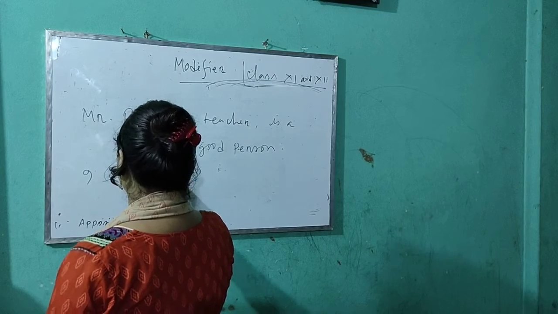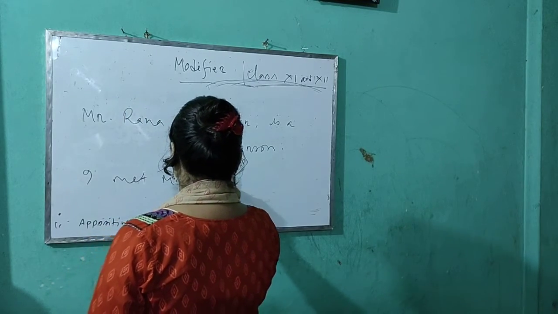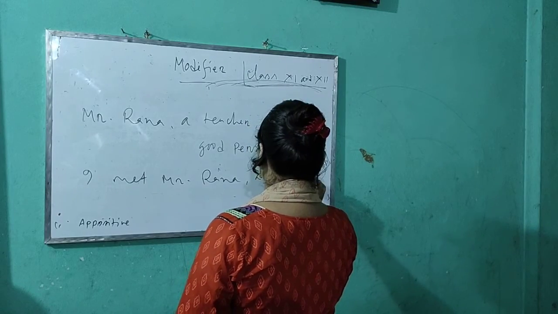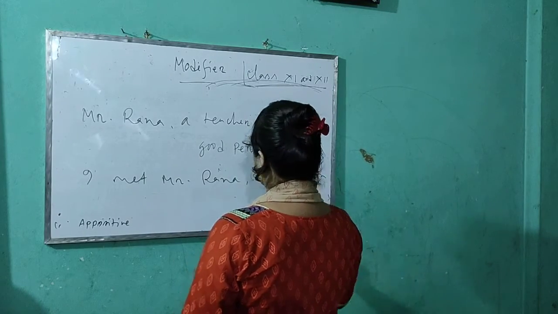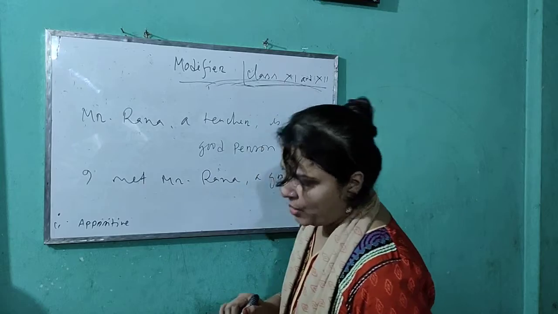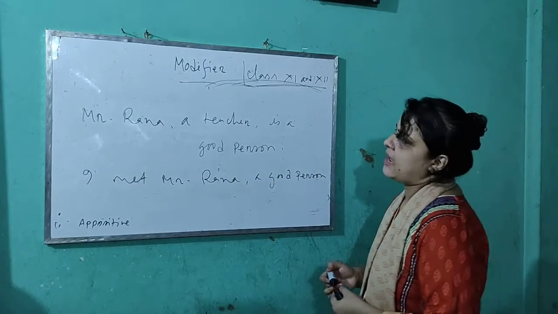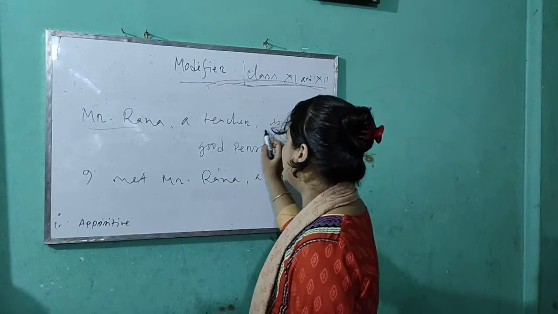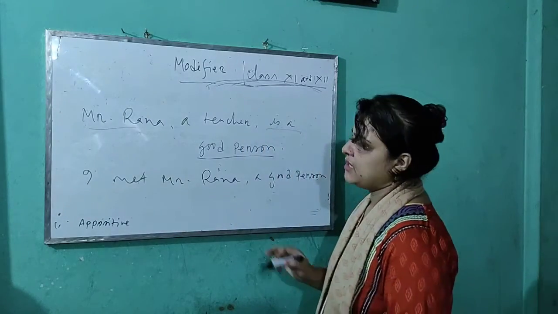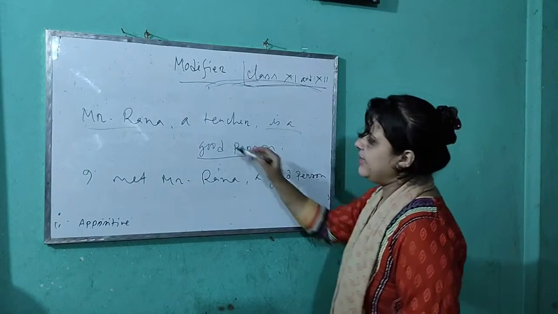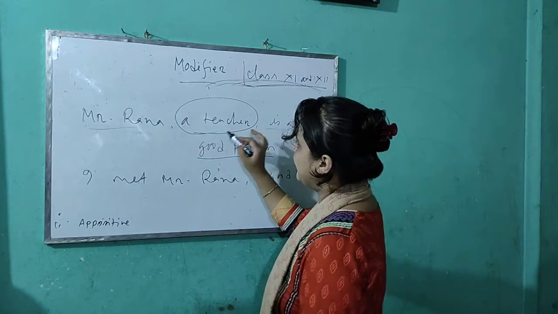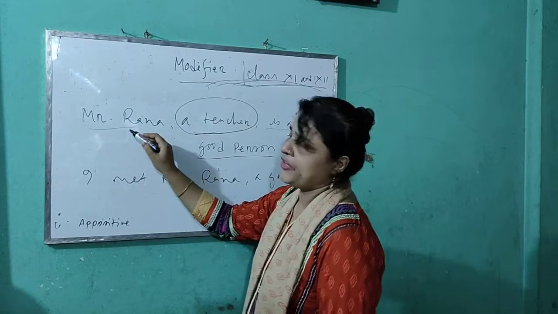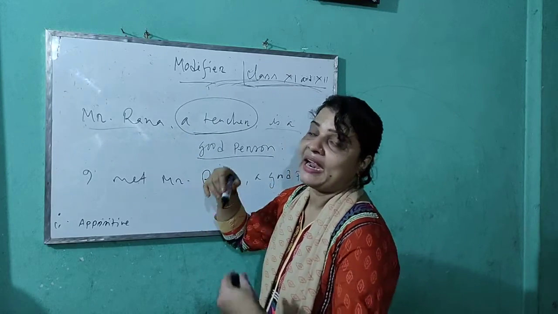I met Mr. Rana, a good person. Okay, so an appositive always acts as a post-modifier. Mr. Rana is a good person. This is the main clause. Okay, who is Rana? He is a teacher. These words, or this word, give extra information about the subject, about the earlier noun.